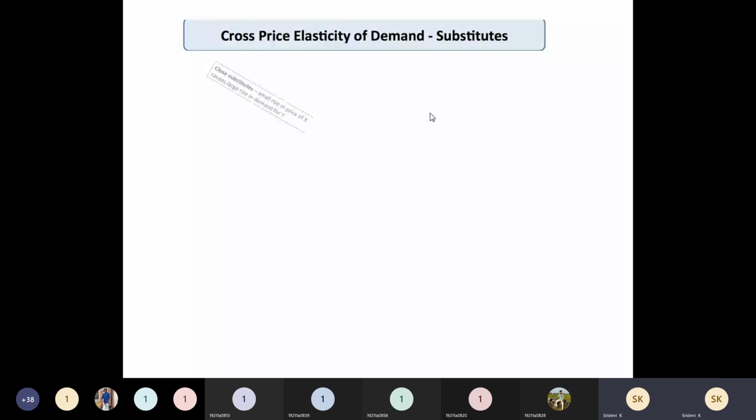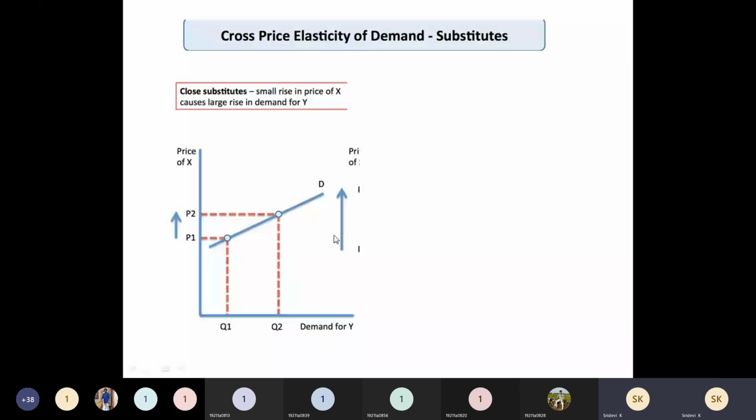You can see the gap between Q1 and Q2 here and P1 and P2 here. A slight change in Y product price, increased or decreased, will bring a large change in the increase or decrease in the quantity of X product.